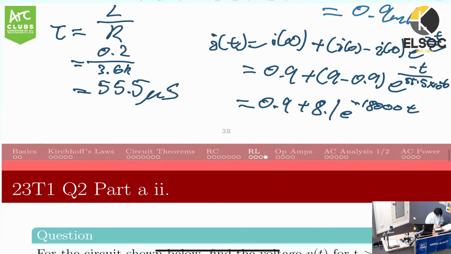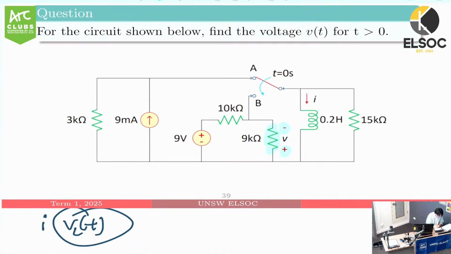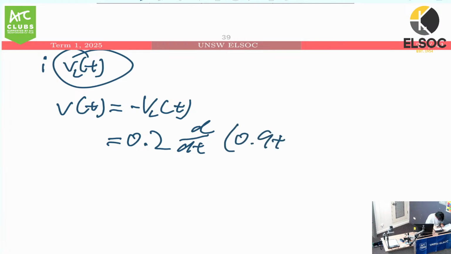We already know our equation of current to time, so it's simply going to be its derivative multiplied by the inductance, and then negative in this case, because we're talking about this V. So that is going to be 0.2 multiplied by the derivative of 0.9 plus 8.1 e to the negative 18,000 t.